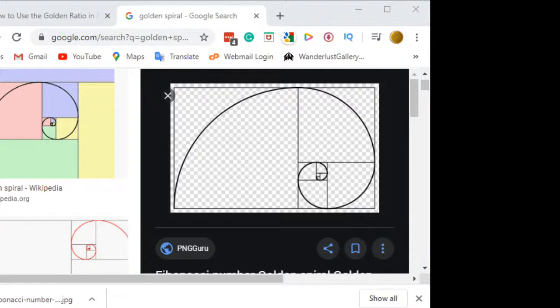Okay? If you look at this overall square, it is 1 by 1.608. And something interesting happens mathematically.